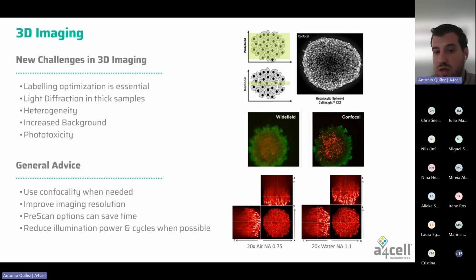So you can see here, it's not the same working with a standard 20x objective or a water immersion objective that increases the numerical aperture and thus the resolution of our sample. We can see how after hundreds of microns we get blurry images on the top of our samples.